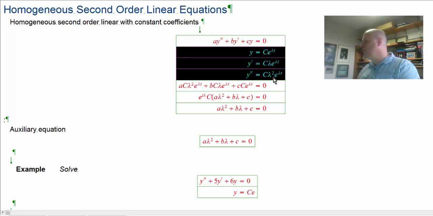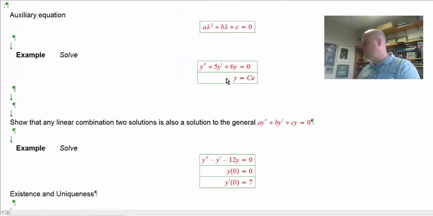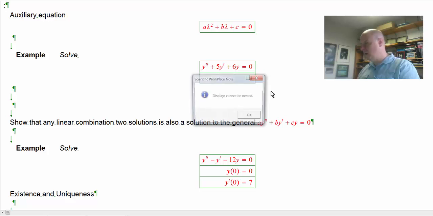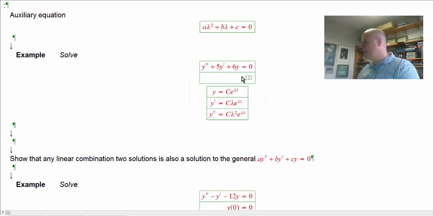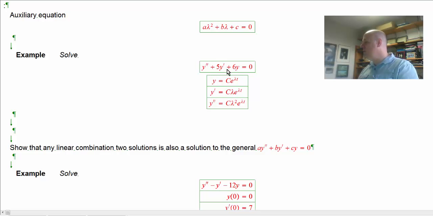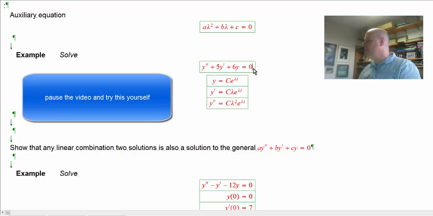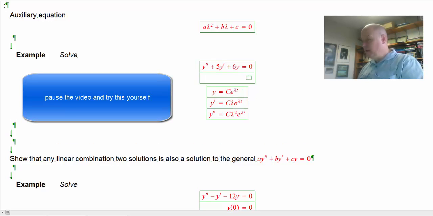We'll need all of these derivatives here. Let's just put this down. So I would substitute these in this equation, then factor out the C, factor out the e to the lambda t, and then I would end up getting lambda squared where the y double prime is.